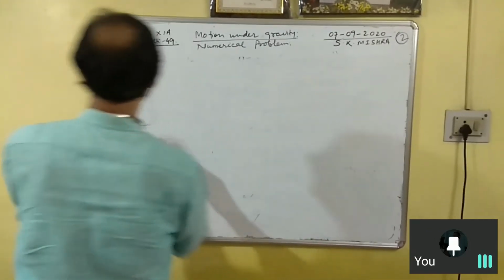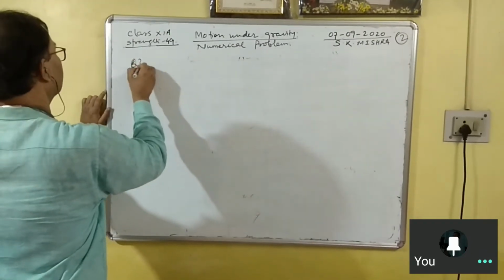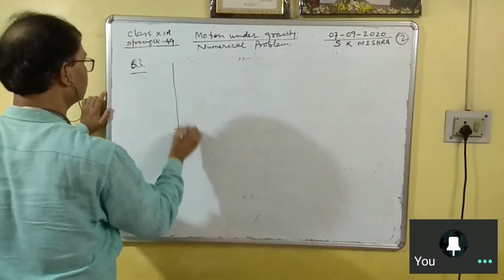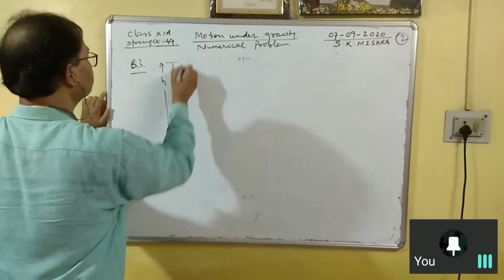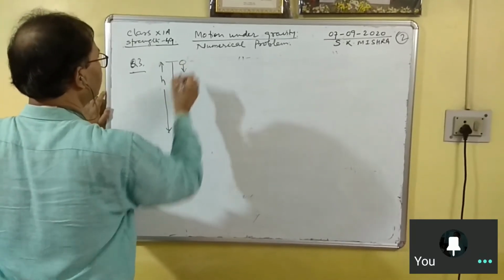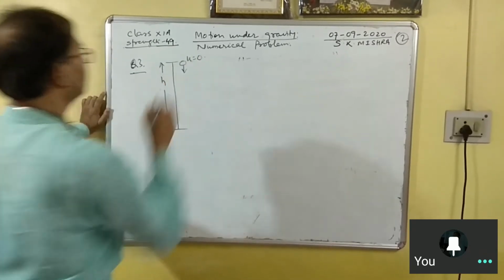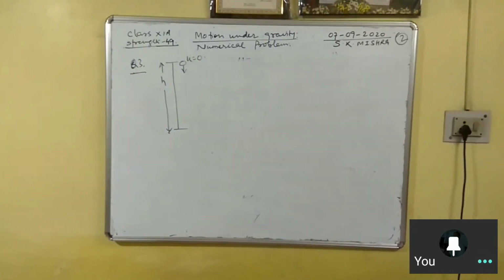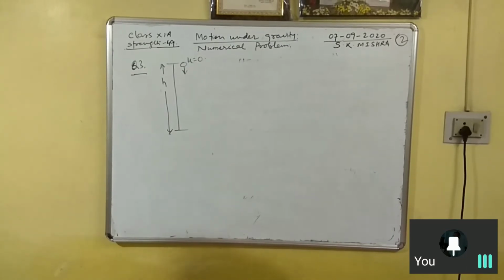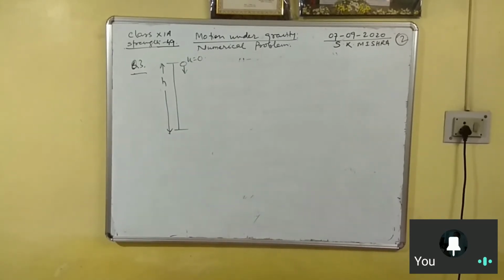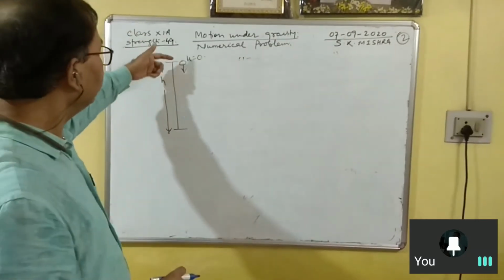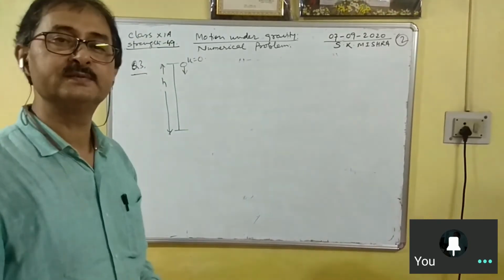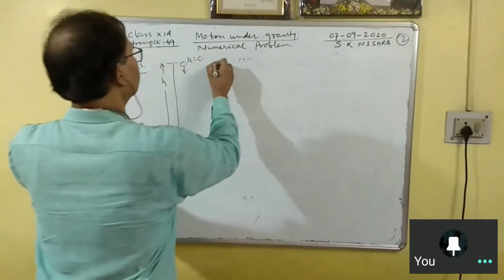Now I am making a tower of height h, and suppose this ball is dropped from the roof of the tower of height h, with u equal to 0. The total distance covered by it in the last second of its motion is equal to the distance covered by the ball in first 3 seconds.